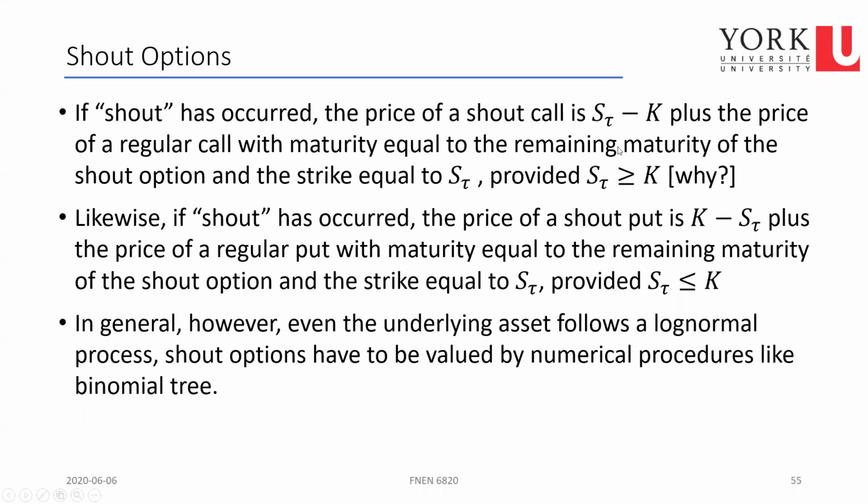The reason is that a short call locks in this S_tau minus K value. If for the remaining period of time the stock price is greater than S_tau, whatever you locked in is still locked in, and you just add the additional value, which is the payoff of the regular option.